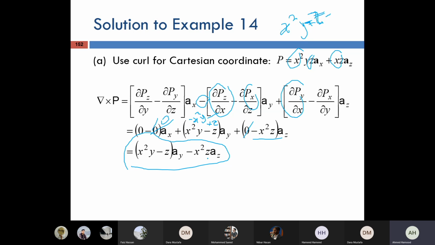If it is given to you to evaluate this at a point, for example 1, 2 and 1 here, you will just put the points here, which equals 1 square multiplying by 2 is 2, 2 negative 1 is 1, ey, negative 1 square multiplying by 1 ez, so this is equal to ey negative ez.